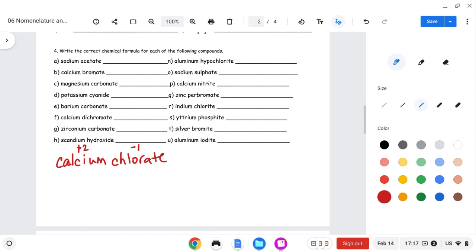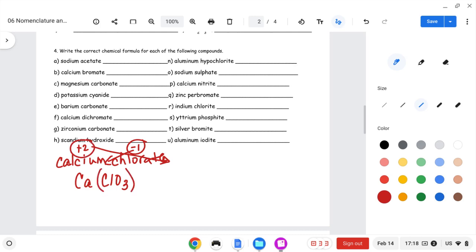And we're now going to put together this formula. Calcium was Ca. Chlorate was ClO3. And we're going to bring these charges down. A 1 comes after calcium, but this 2 comes down after chlorate.